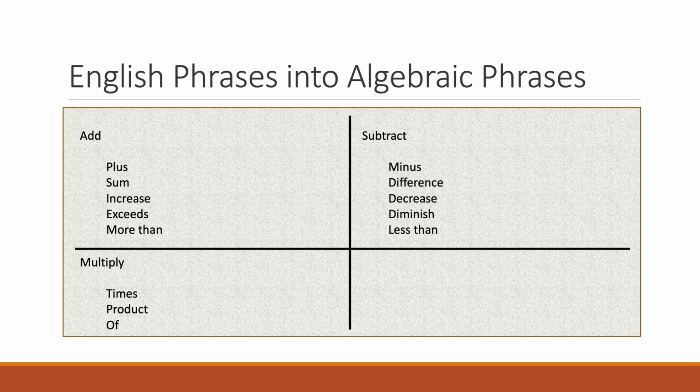Three keywords for multiplication are times, product, and of. And then the main word for divide is quotient. You might also see ratio. But those are English phrases that convert into algebraic phrases, and these associated operations: adding, subtracting, multiplying, and dividing. I think you're probably familiar with all of these, but if not, then make it a point to remember this.